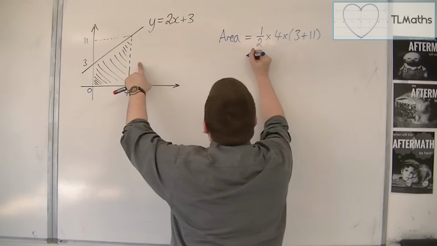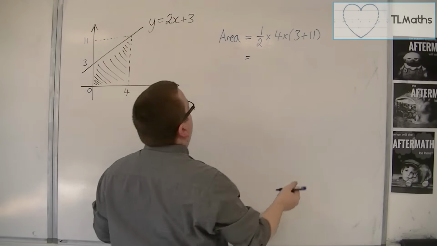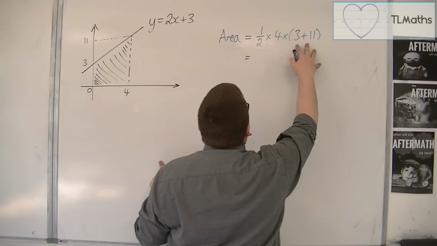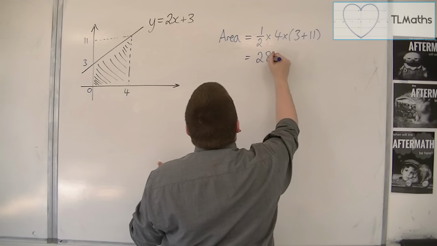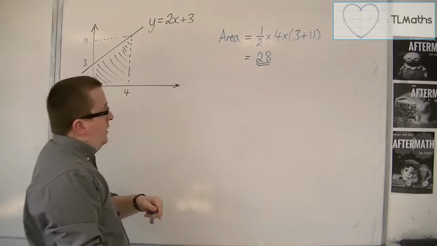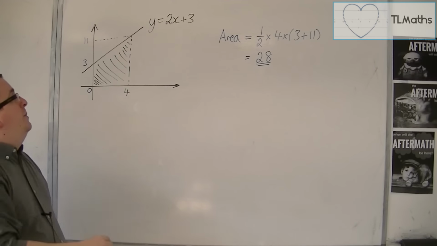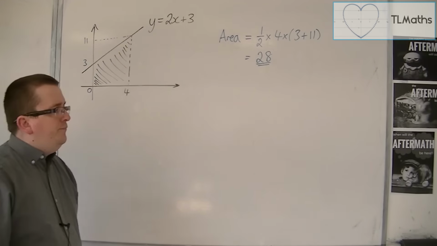Now you could have just split this up into a rectangle and a triangle, but we could do it this way. So we get 3 plus 11 is 14. 14 times 2 is 28. Okay? So the area underneath that line, so between the line and the x-axis, is 28.